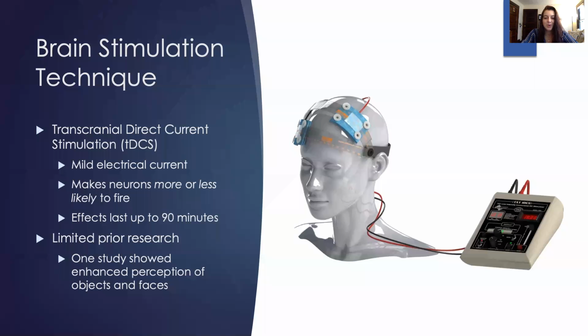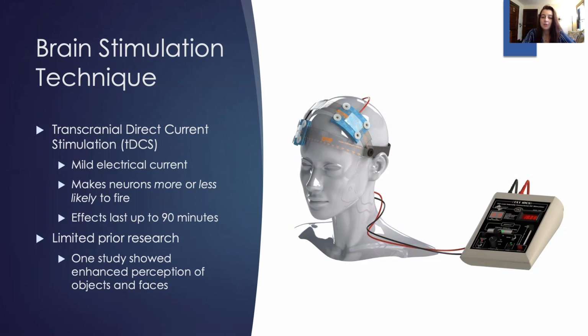So what we wanted to know is, how are the LOC and figure ground perception affected by brain stimulation? So we used a brain stimulation technique called transcranial direct current stimulation, or tDCS, in which two large electrode pads are placed on either side of the head, like in the picture on the slide, and a mild electrical current is applied.